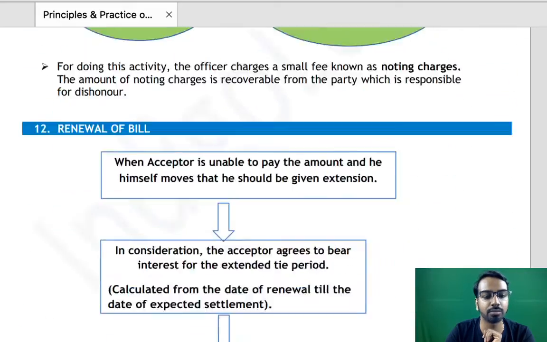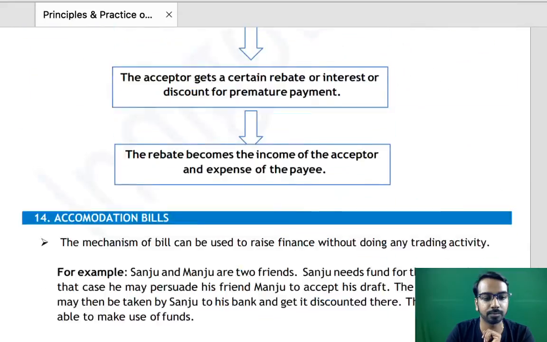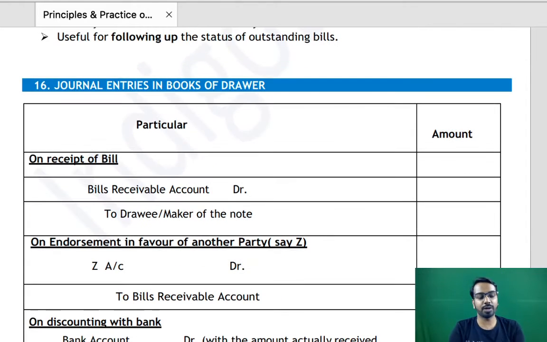Now we'll jump to the accounting part. This is where maximum of your questions come in the examination, accounting for bill of exchange. Now always remember, when we talk about bill of exchange, you are in a way trying to replace a debtor. From a drawer's point of view, let's say there is a drawer.